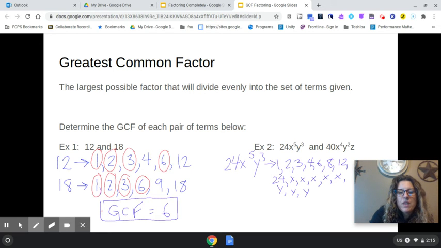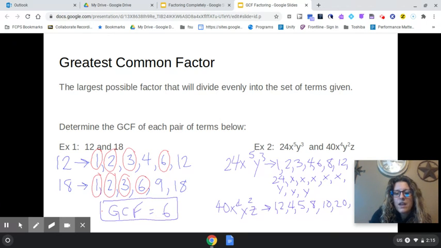If we do the same thing for 40x to the 4th, y squared, z, our factors would be 1, 2, 4, 5, 8, 10, 20, and 40.